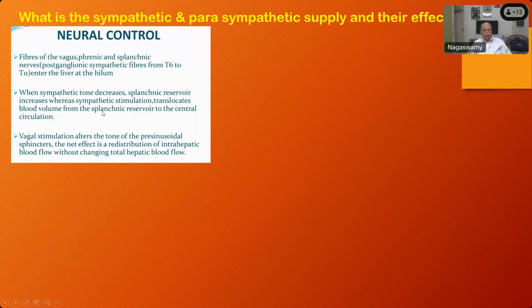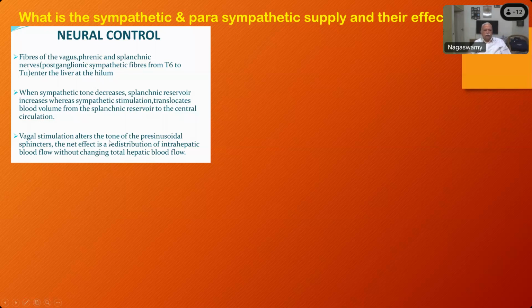This is the mechanism by which the blood in the sinusoids of the liver, which can hold up to 500 to 600 ml of blood, will be translocated to the central circulation. So it acts as a blood bank for our body. Whenever there is an increase in sympathetic stimulation, blood from the splanchnic area, which means the liver and other organs in the abdomen, will be translocated into the central circulation to maintain the blood volume.